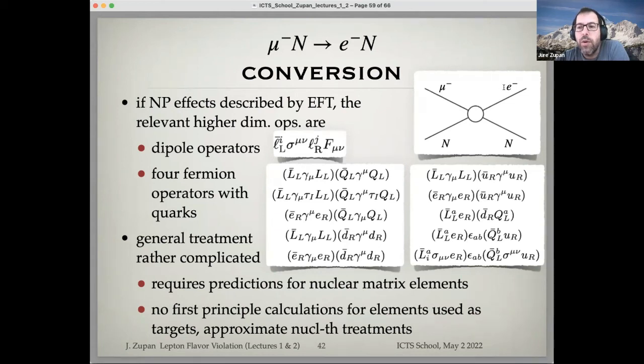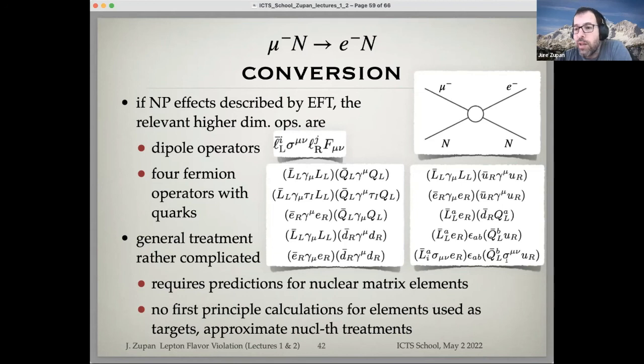So if I have a muon on the left-hand side that goes to an electron, I didn't put the flavour indices, and a coupling to the quark current. And then there are different choices. The tau are the isospin, so the SU(2) generators. You see there's a bunch of operators that you can write down, also tensor currents.